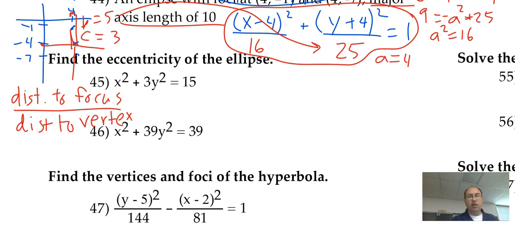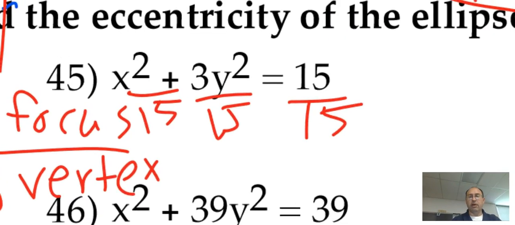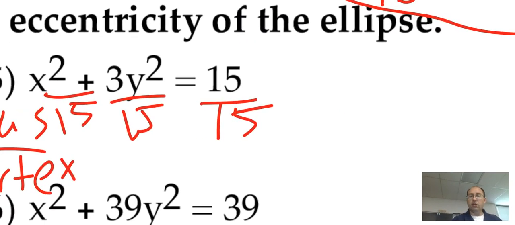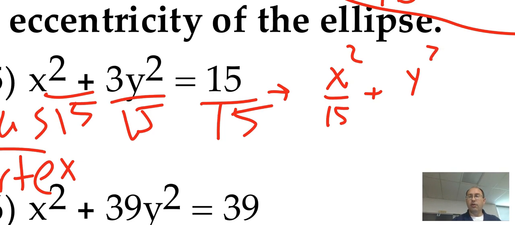But in this case right here, we're going to divide everything by 15. I'll try to squeeze that in. Divide everything by 15. It'll make my life easier. So that becomes x squared over 15 plus y squared over 5 equals 1. Sorry for the flickering.